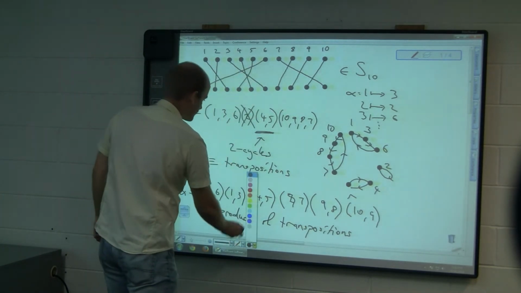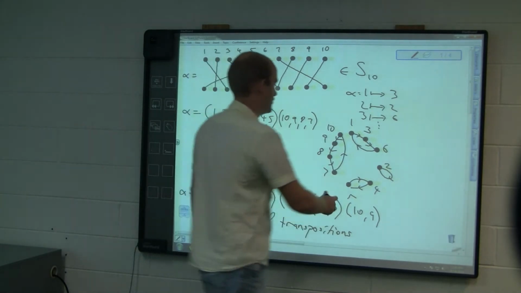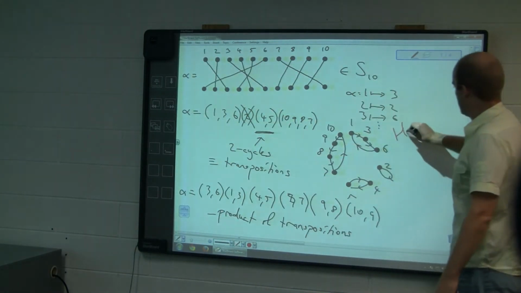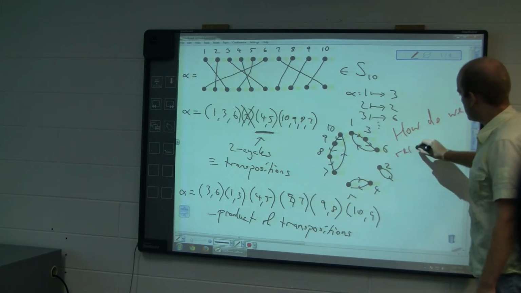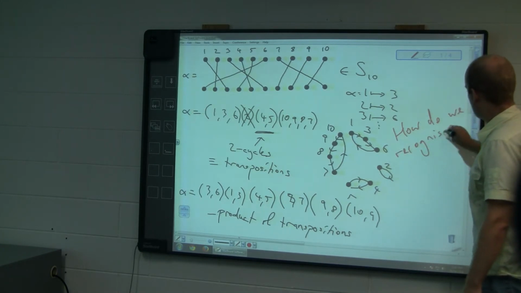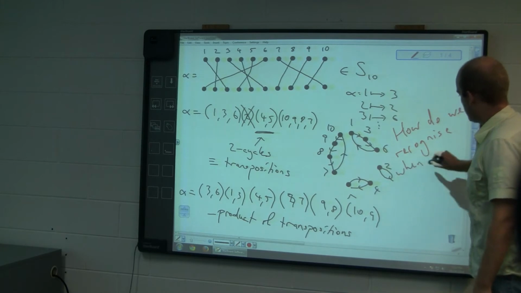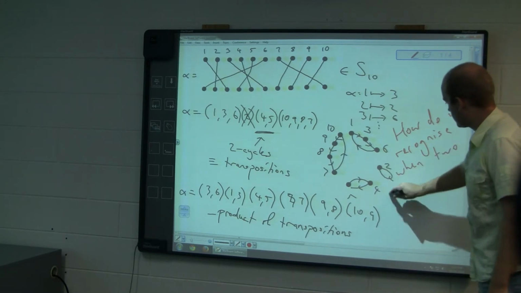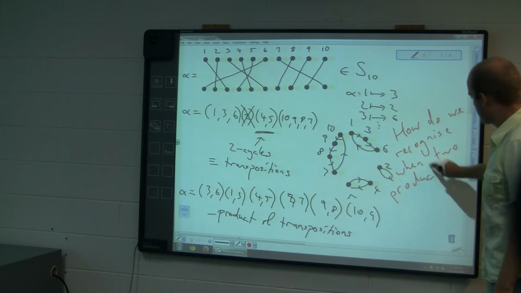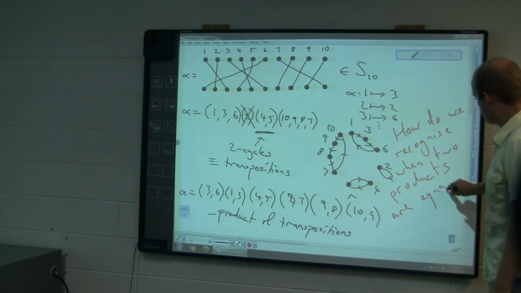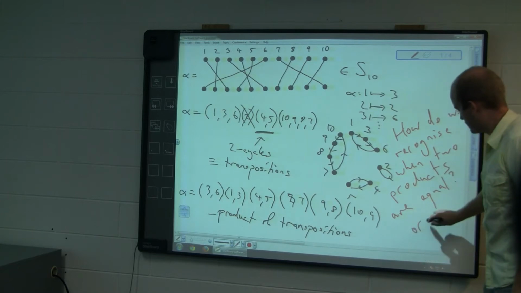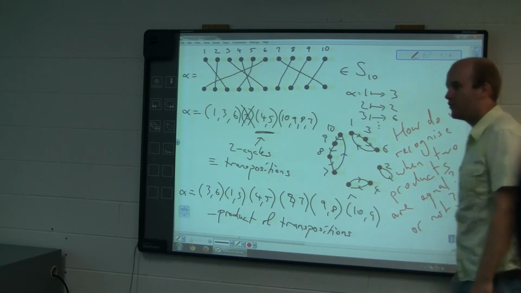So the question is basically this: how do we recognize the 2 products are equal, or not equal?